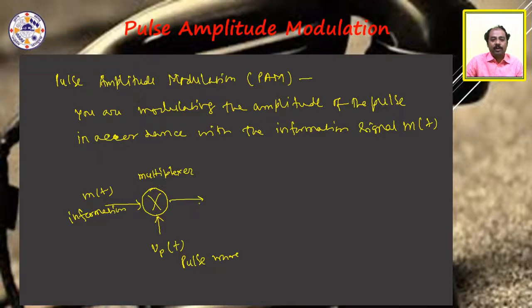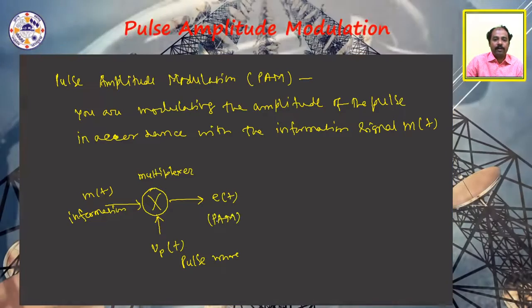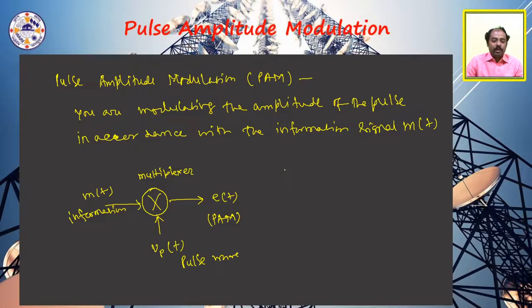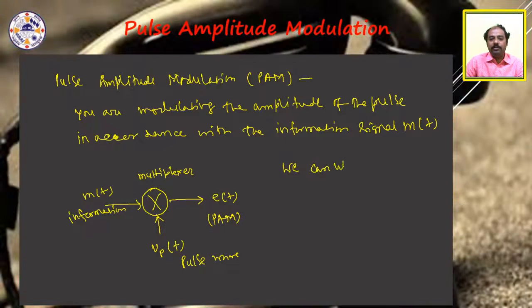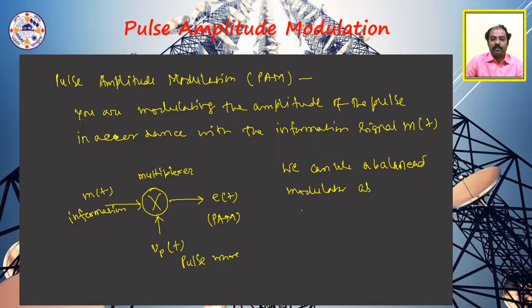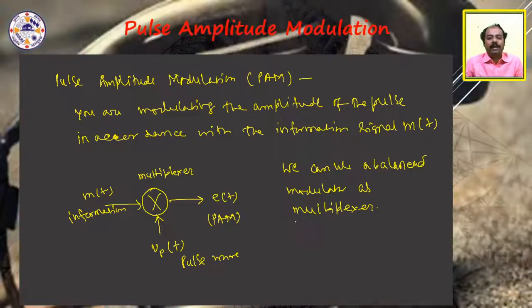So here we will get the pulse amplitude modulated wave. Actually, as the multiplexer we can use a balanced modulator.